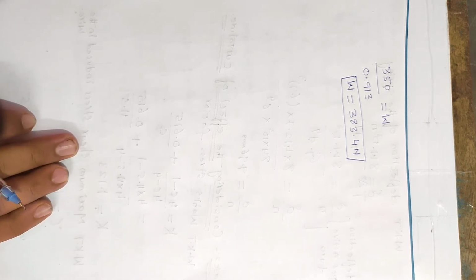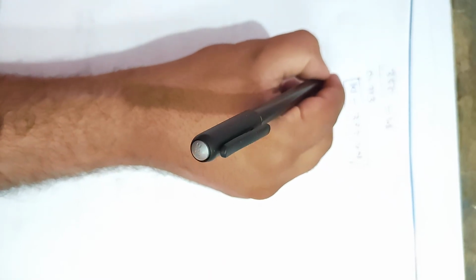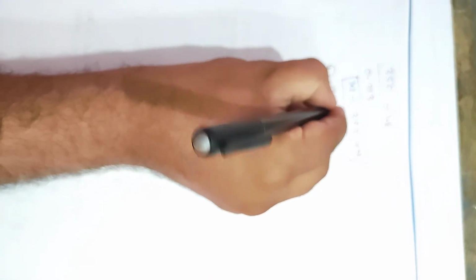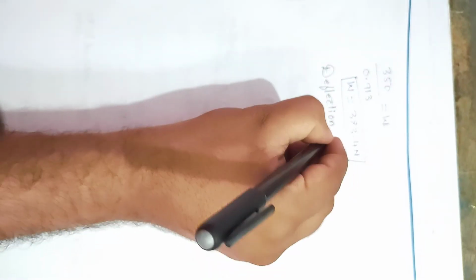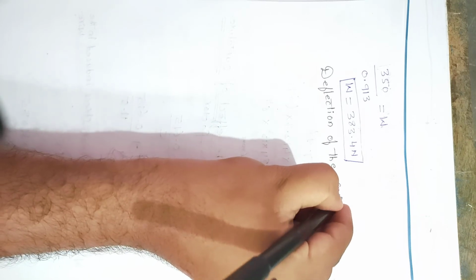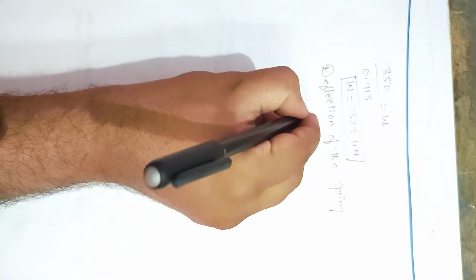Okay dear, after getting the value of W, in this case we need to find out the deflection per active turn. Is it right? So we know the formula of deflection of the spring. What is the formula here?